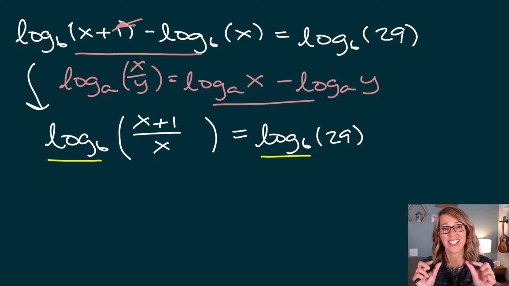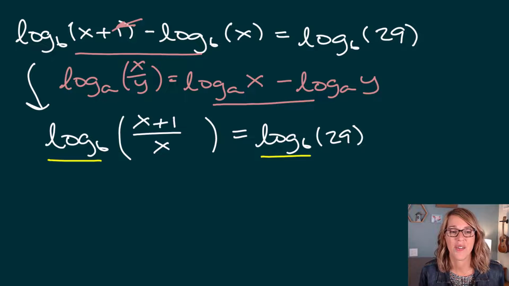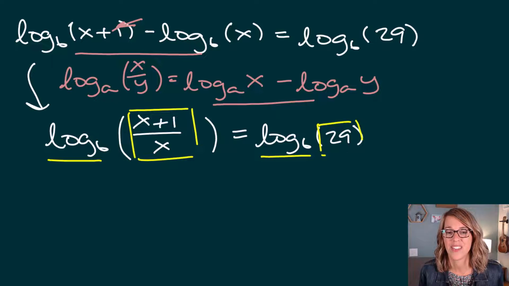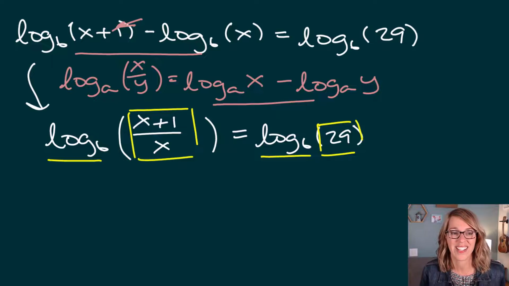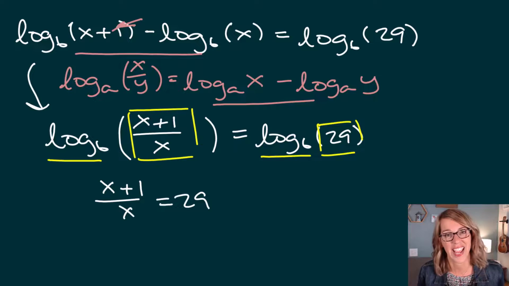Since I'm applying the same log base 6 on either side, it means that whatever's on the inside has to be equal. So I can go ahead and take what is on the inside and set those equal. And all that matters is that these are a log of the same base. So I've got those isolated and I'm ready to just say, well, then the arguments, what's inside, has got to be the same. Let's go ahead and cross multiply to solve this.